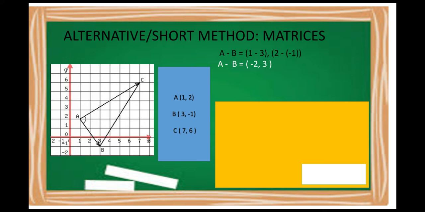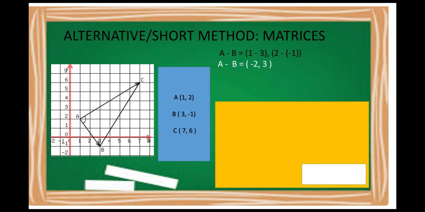So how do we get the vector of those 2 points? To get the vector of those 2 points, you will just have to subtract the components or the coordinates of x and y. I mean, you have to subtract the components of x and y.